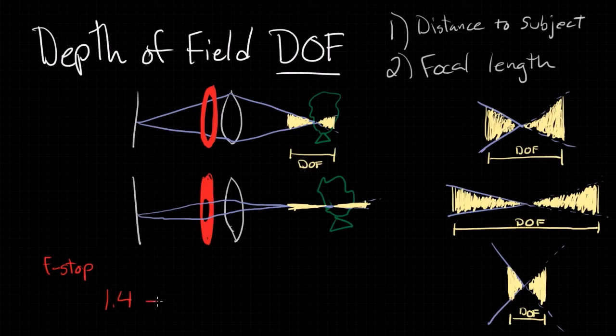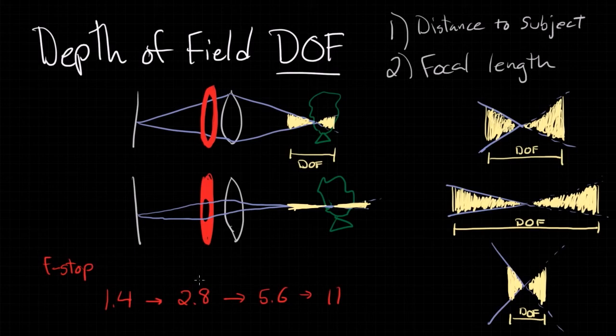Then you go up the f-stop scale to say 2.8, and now it's closed down a little bit more, then 5.6, then 11. These are examples of f-stop numbers you may see. The higher up the f-stop scale you go, the smaller the aperture.